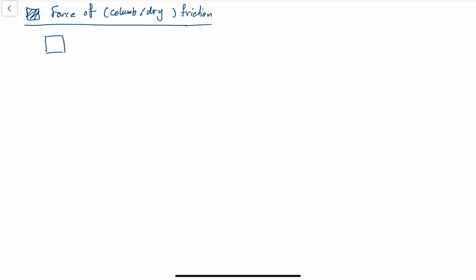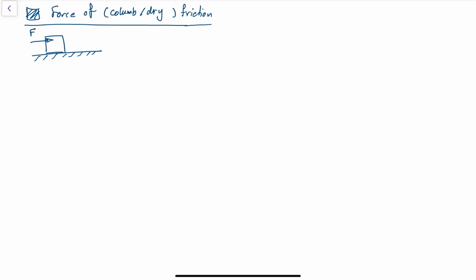Consider an object sitting on another surface, and you're pushing on this object with some force F. You can also go ahead and try to experiment. You have seen it. As you apply very little amount of force, you will notice that your object, for instance, your phone sitting on the surface of a table, does not move.